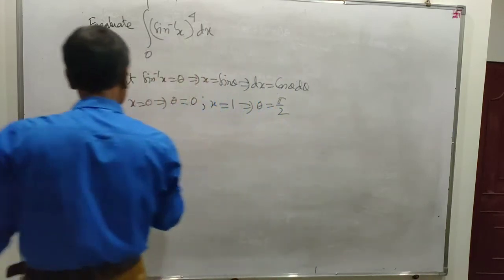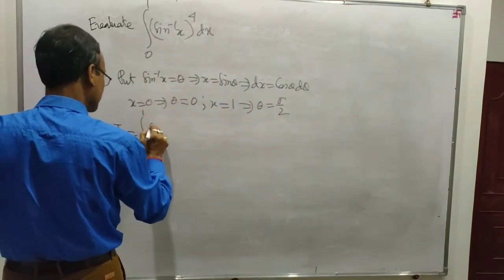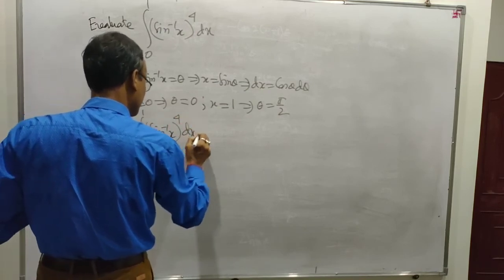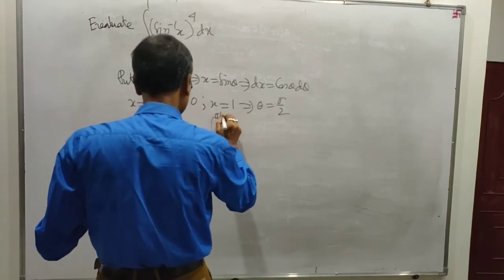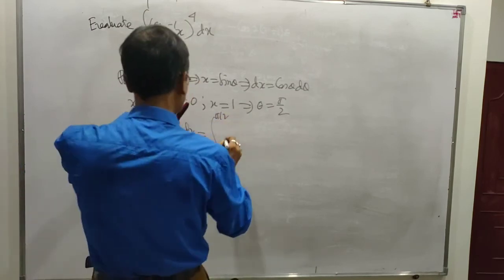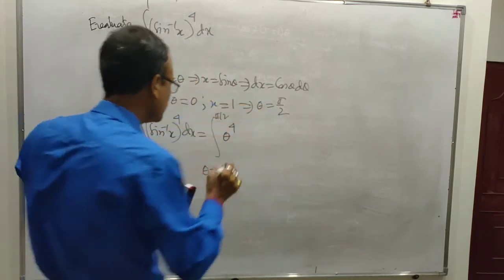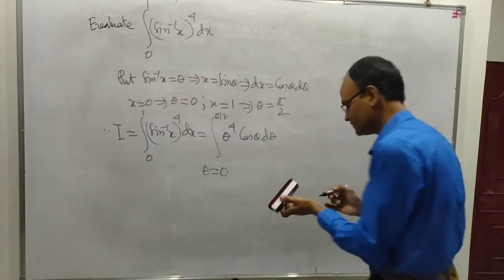Therefore, I equals the integral from 0 to 1 of (sine inverse x) to the power 4 dx, which equals the integral from 0 to pi by 2 of theta to the power 4 times cos theta d theta.